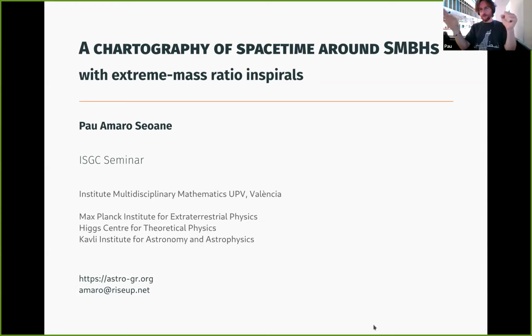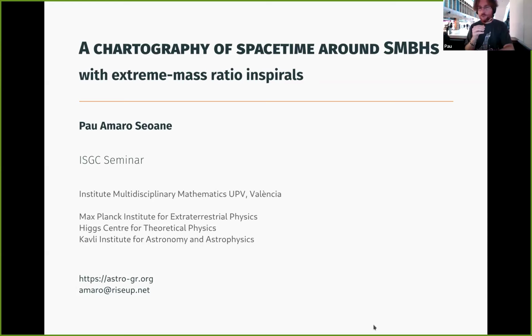These two things are going to form a binary, and because you have a binary, you have a quadrupole, and if you have a quadrupole, you have emission of gravitational radiation. Now, the particularities of this problem are such that they make this one of the most interesting sources of gravitational waves, in my opinion.